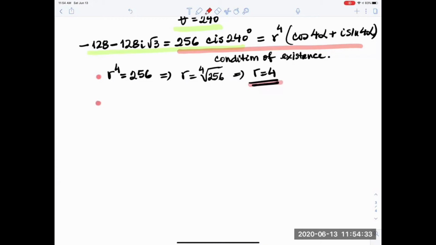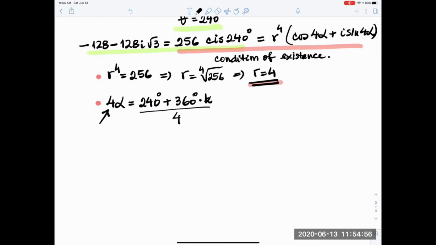We get that alpha, or I'm sorry, it's 4 alpha, because that's your argument, must be equal to 240 plus 360 times k. Do you see what I did? I made it easy. I put in the theorem there, they have this 4 that's right here, they have it divided by 4.